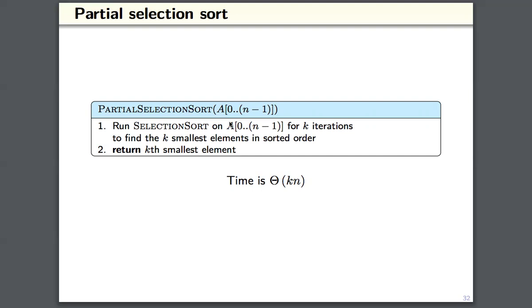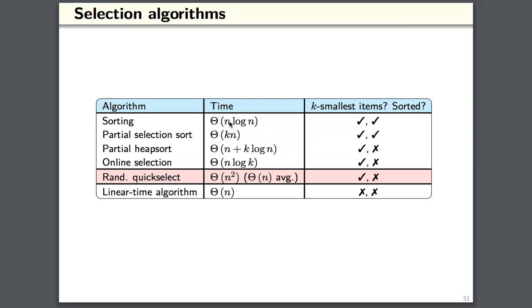Simple algorithm, right? kn. So if k is small, say k is constant, this is a linear time algorithm. What about n log n? Irrespective of the value of k, the time is always n log n.